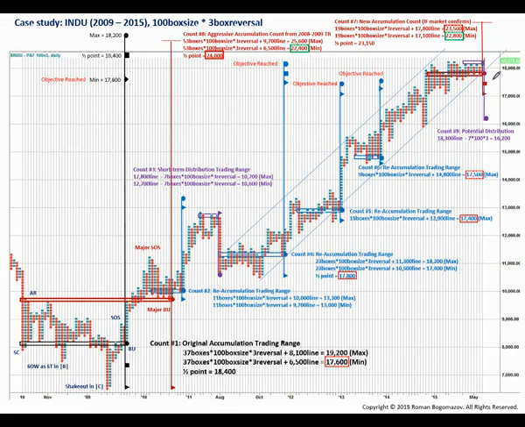Sure. So I completely believe that the counts that Ramon just highlighted are possible, and we must go with the idea that this is a confirmed long-term uptrend.